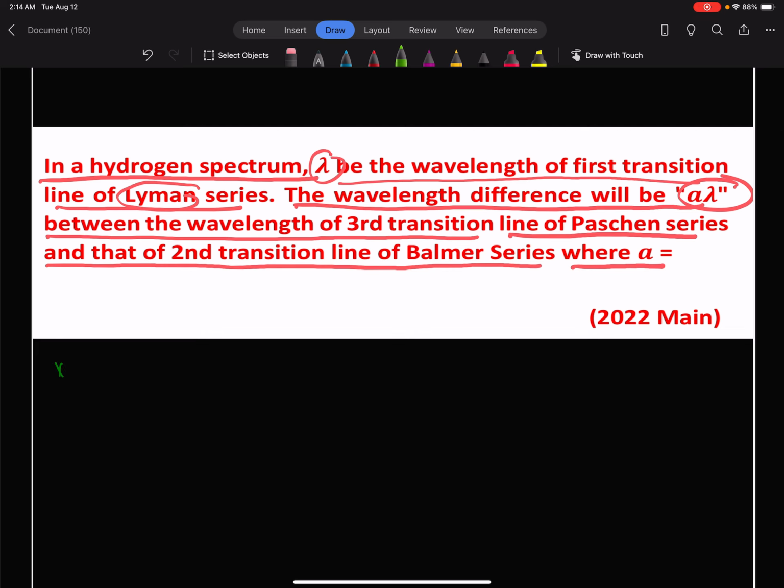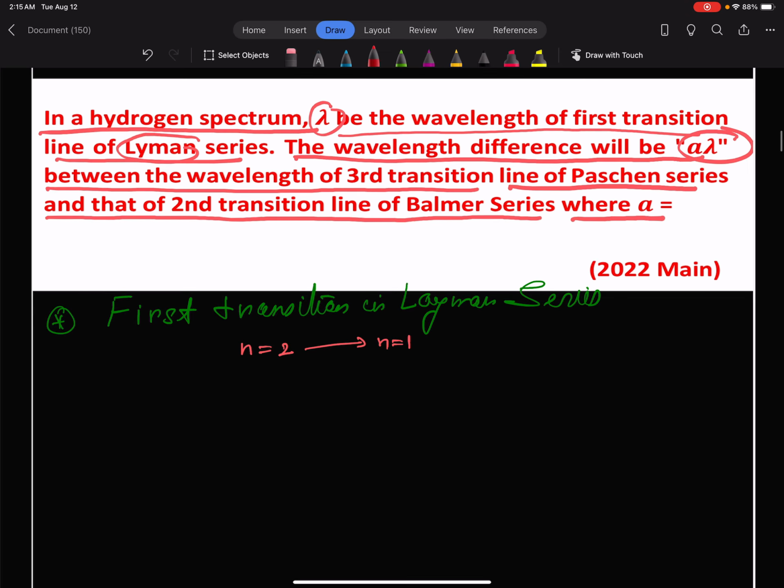So the first transition in the Lyman series will be from n equal to 2 to n equal to 1, and during this transition the wavelength is lambda.